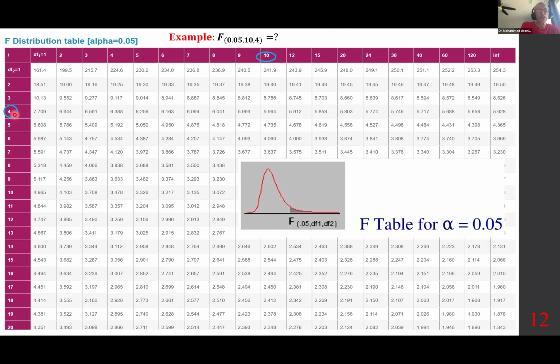And when we look at their intersection, the answer would be 5.9644. This is with more decimals, so again, depending on the limitation of the table. That's how you do the reading. So let's actually go back to our question.